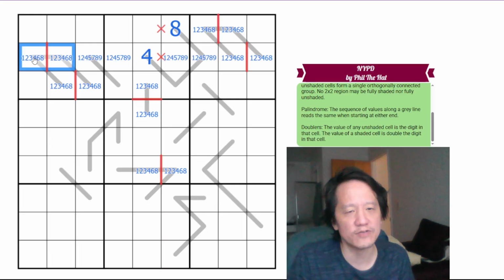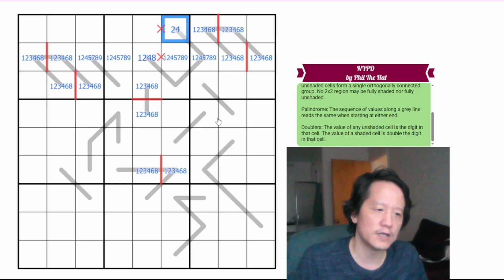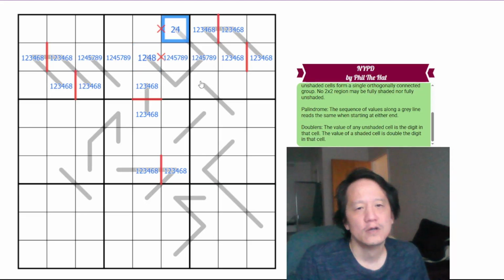This can't be 8 or 4. If this were 8, it would have to be with 4 again, or with 8, and none of those would work. So this cannot be 1 or 8 on the outside. It has to be 2 or 4 on the outside. Now the question is, can this be 2 or 4? I think so. This is definitely a 2 or 4 here.